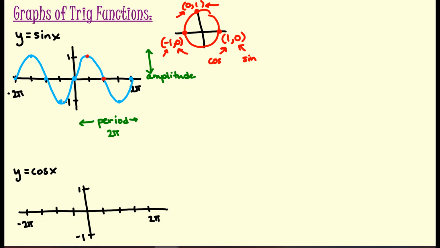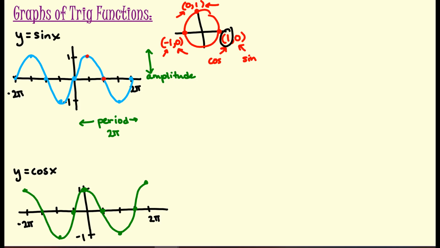Since the cosine of 0 is 1, the cosine graph starts up at a height of 1 here and goes from the top to the middle to the bottom to the middle to the top. One complete cycle. Make sure you make it nice and smooth and curvy, not straight or pointy. I'll do another one over here. Okay, the period is 2 pi, the amplitude is 1.